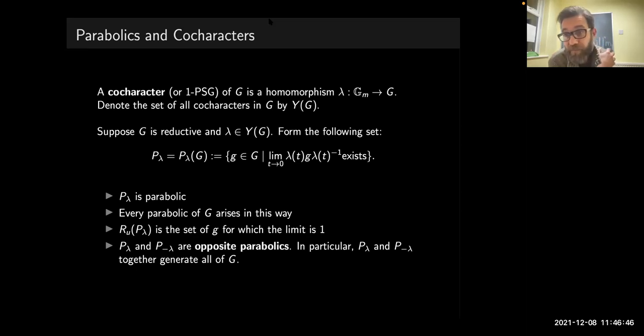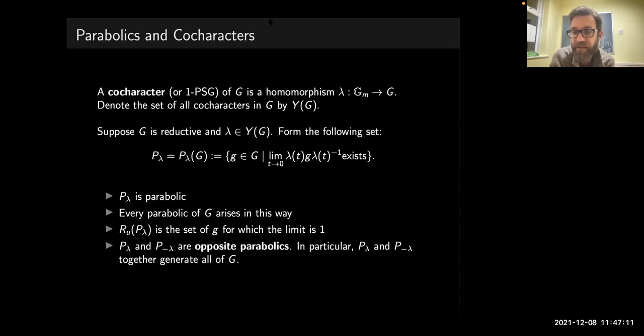And various naturally occurring subgroups of P occur in quite a nice way in this formalism. So for example, the unipotent radical of the parabolic P_lambda, I can recognize as the set of elements that get sent to 1, or the identity, in the limit. Okay.